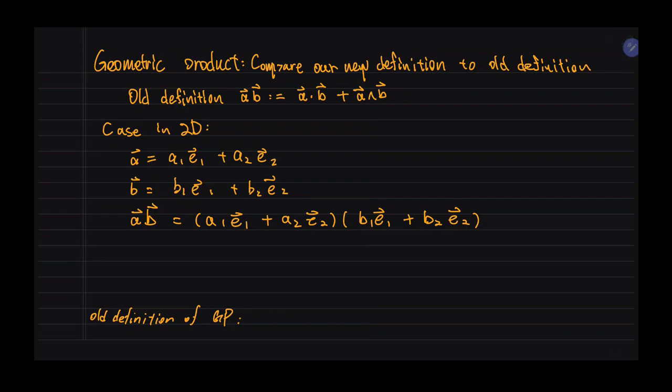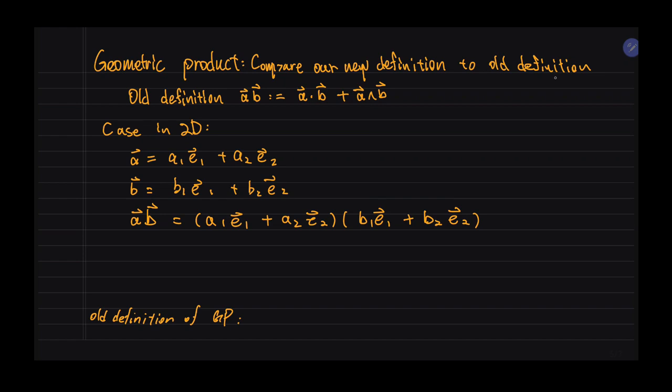Now we want to compare our new definition to our old definition. And just to remind you, the reason we have the new definition of geometric product is that we want our geometric product not just defined between vectors. We want it also defined between a scalar and vector, vector and bivector, and so on.